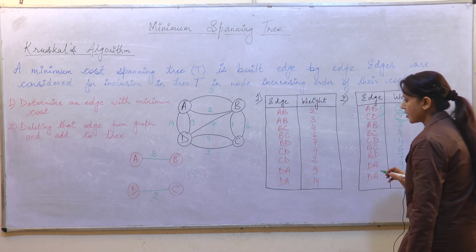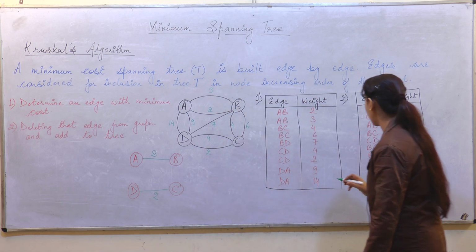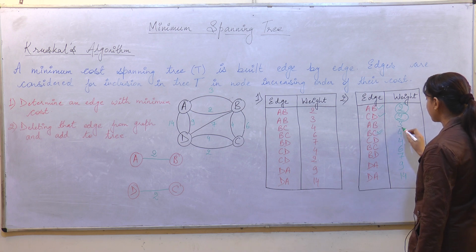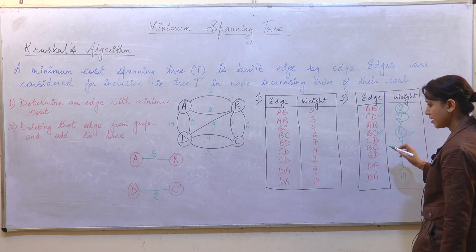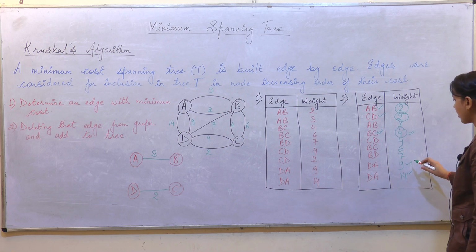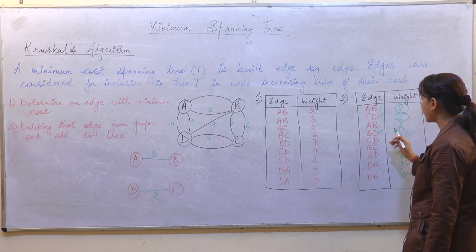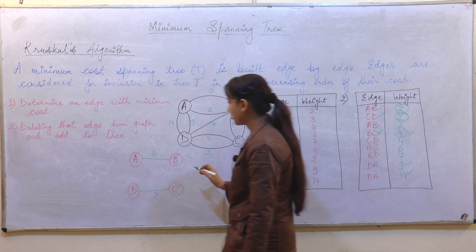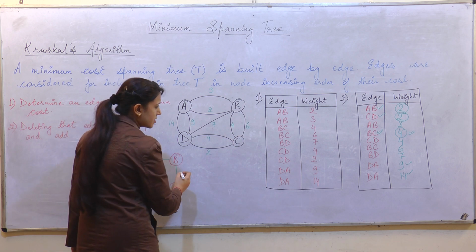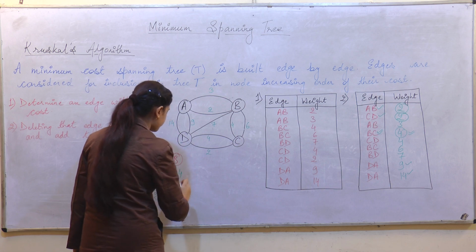B to C edge has weight 4 here, and A to D has weight 9 and 14. So 9 and 14 are greater than 4. So we will take weight 4 and edge B to C for connecting our minimum spanning tree. The weight of the edge connecting B to C is 4.